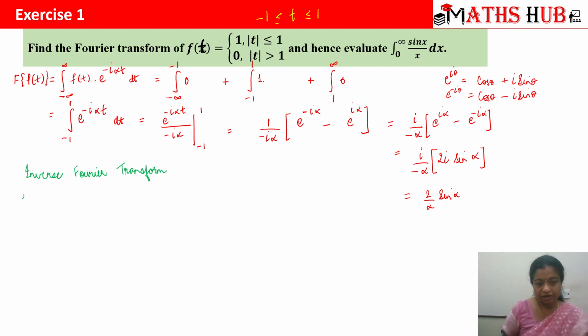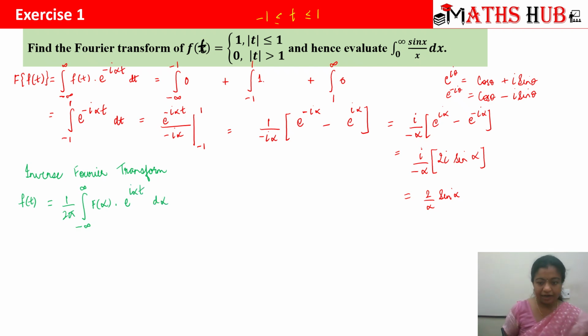The inverse Fourier transform says f of t is equal to, we will take the constant here now, 1 by 2 pi, integral from minus infinity to infinity, F of alpha into e power i alpha t d alpha.